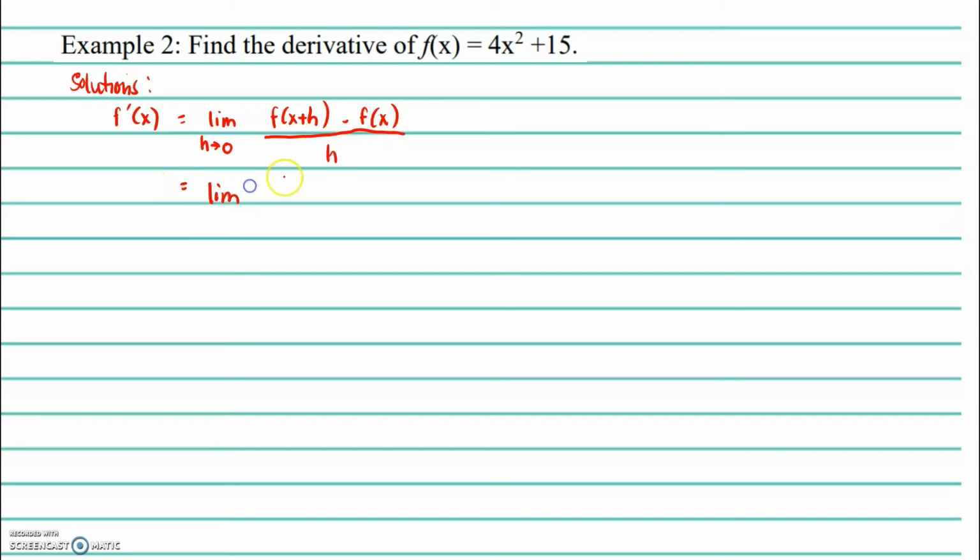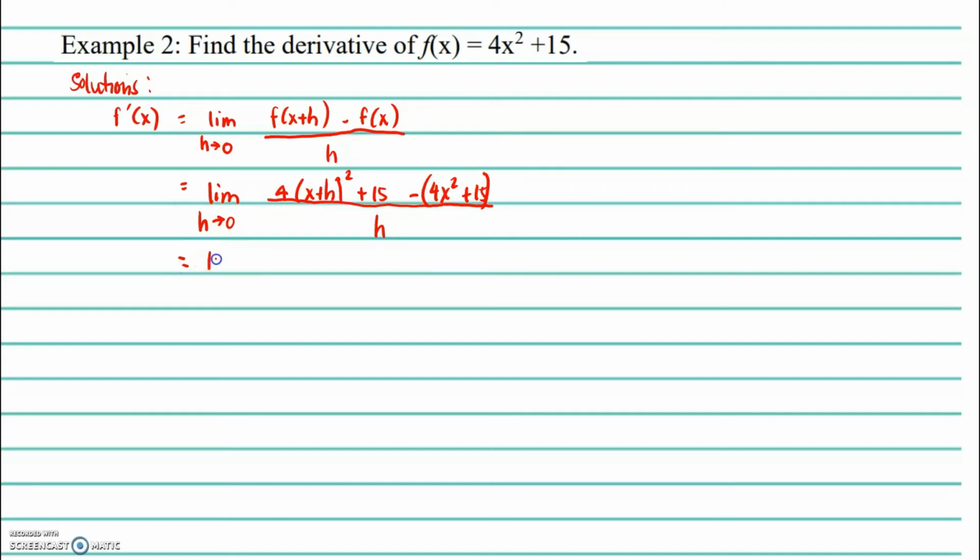So we have here the limit of 4 times (x plus h) squared plus 15 minus (4x squared plus 15), all over h as h approaches 0.